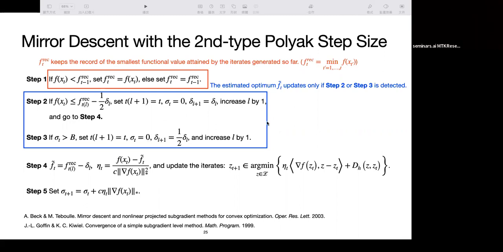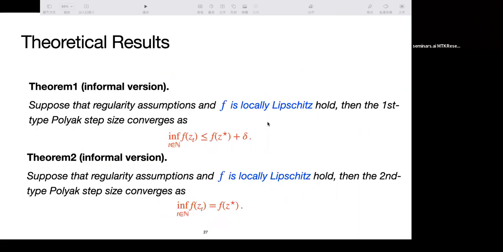Okay, let's go to our theorems. In the theorems, we prove that if some regularity assumptions hold and the objective function is locally Lipschitz, which means that the gradient is locally bounded on any compact subset, the first type Polyak step size is guaranteed to yield a delta-optimal convergence result with delta positive and can be arbitrarily small.